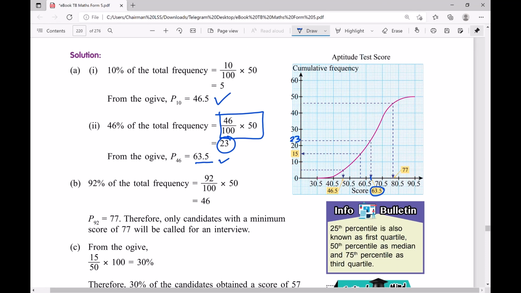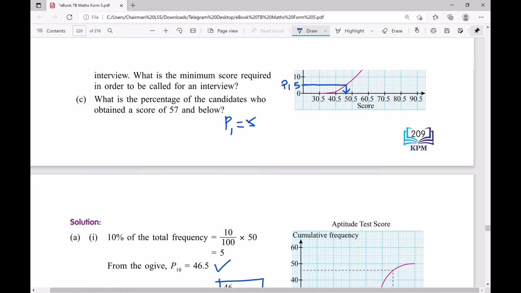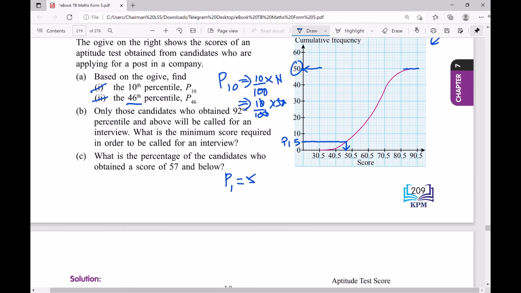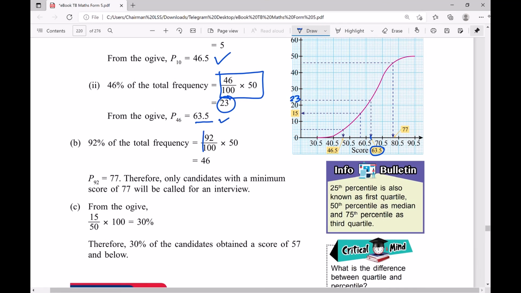So next, the question: only those candidates who obtain the 92nd percentile, that means P92 and above, will be called for an interview. What is the minimum score required in order to be called for the interview? So you know this is the score, right? So you have to find your 92nd percentile. 92 over 100 times 50, 46.